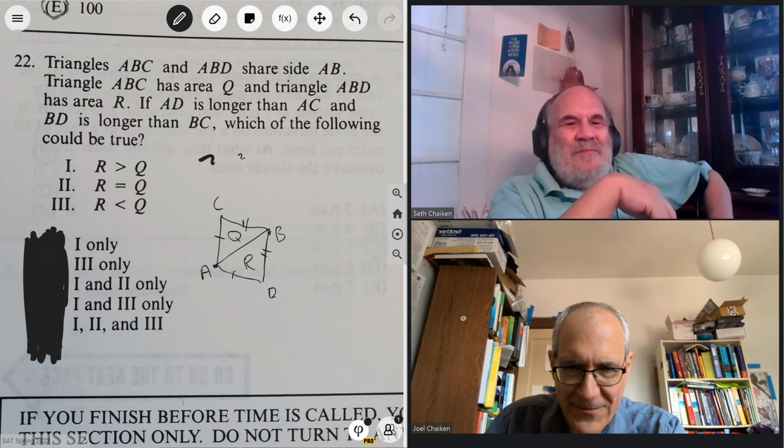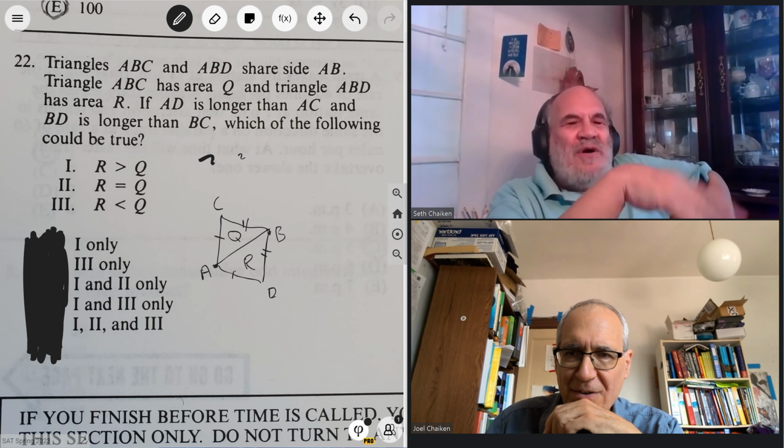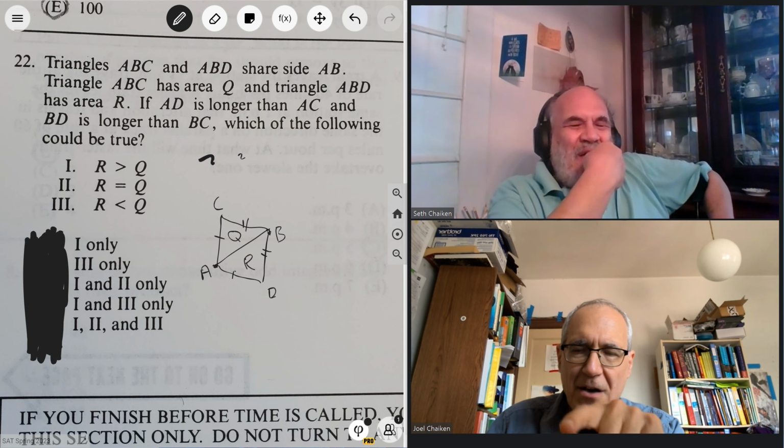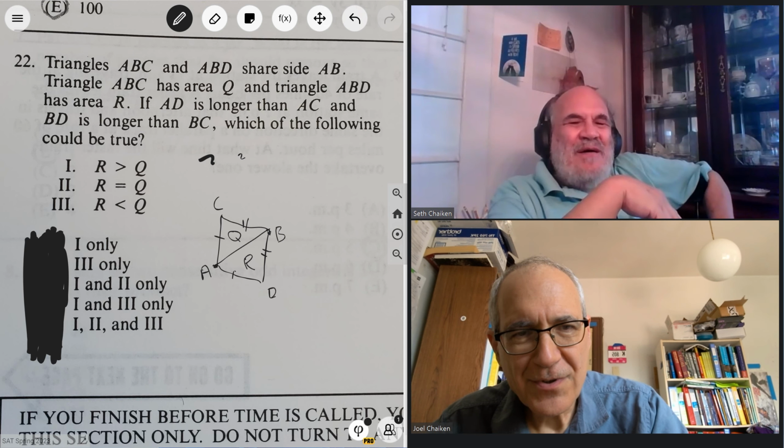Wait one second. If we go back, I think we confused R and Q. Did I misread? ABD is R, so 1 is obvious. 3 is the one we have to work on. When we did it, I mislabeled R and Q, but it doesn't matter.